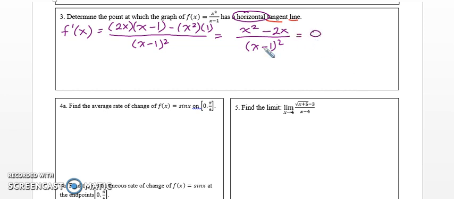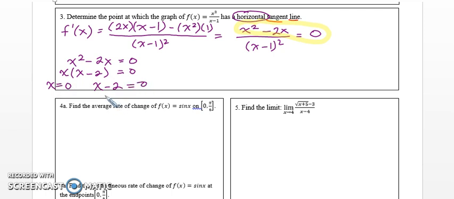This rational function will only be 0 when the numerator is 0, so we really only have to focus on x squared minus 2x equals 0. We can factor, and by using the zero product property, x equals 0 and x minus 2 equals 0, which is just x equals 2.